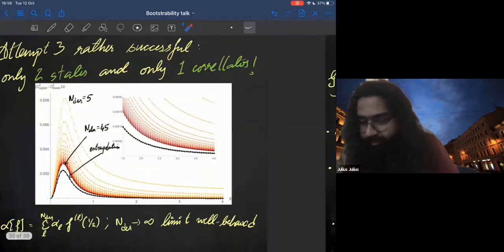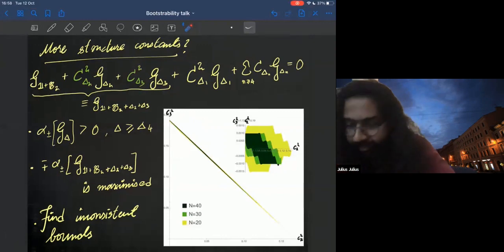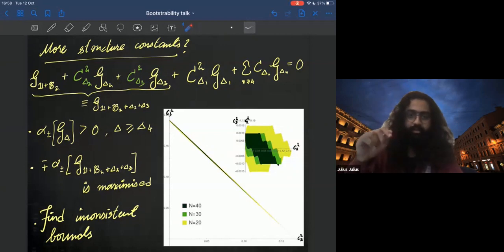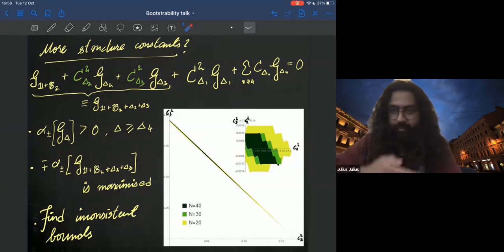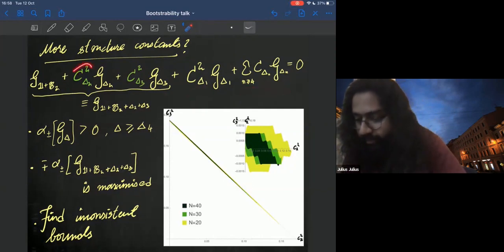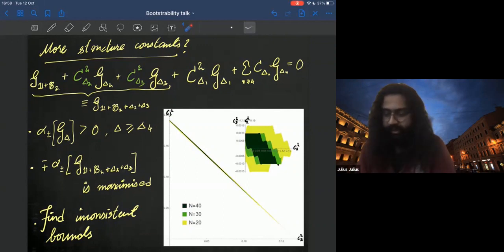So yes, okay, in the last 2 minutes before I conclude, I'll just mention some other experiments which we did, which was trying to find more structure constants: the structure constants associated with the second and third state in my spectral plot. There, we assumed that we knew C1, which I showed you in the previous slide. Out of the sum which we had, we took out C2 and C3, kept them as parameters, and did the same kind of thing as before, trying to find inconsistent bounds in order to restrict the space.